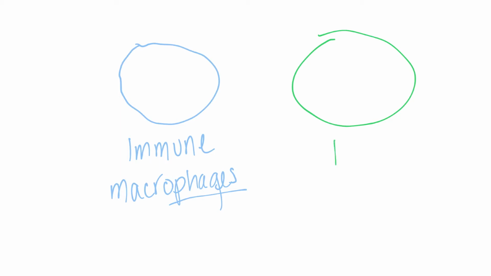And then we have normal cells of the body, or what we refer to as self cells. Any cell in the body can also become infected with a pathogen. And in order to alert the body to the fact that these cells have become infected, they deal with it in two different ways.